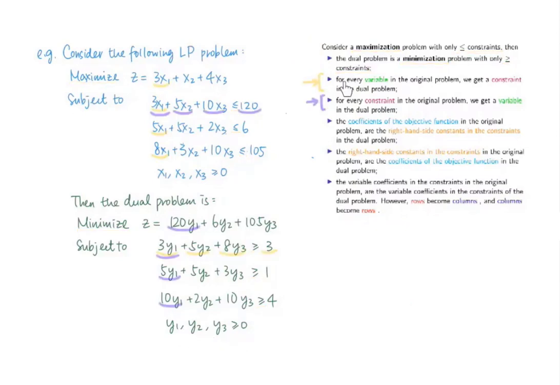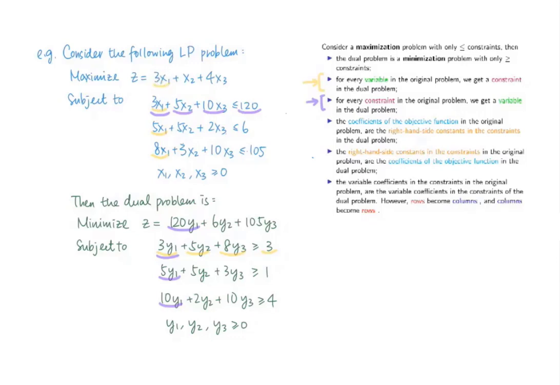Point 2. For every variable in the original problem, we get a constraint in the dual problem. In our situation, in the original problem, the terms involving the first variable are 3x1, 5x1, xx1, and 3x1 from the objective function.